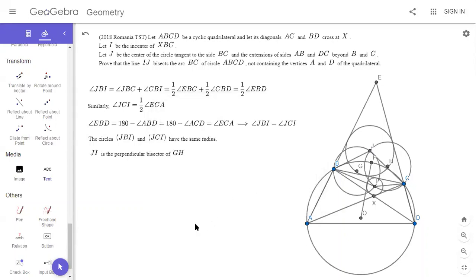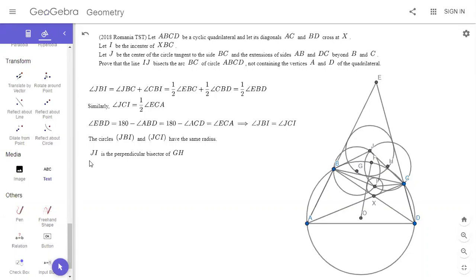All right. And then I'm going to show that FG is equal to FH. So I'm going to show that F also lies on the perpendicular bisector of GH. And I'm going to do that by trying to show that triangle BGF is congruent to triangle FHC.